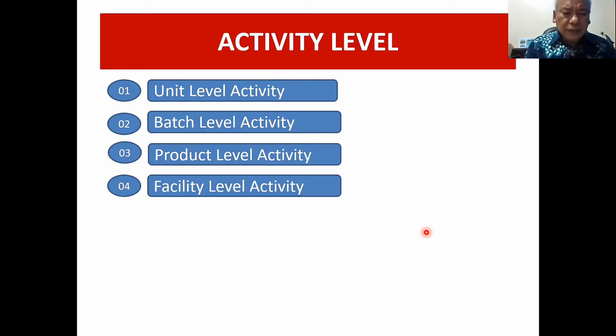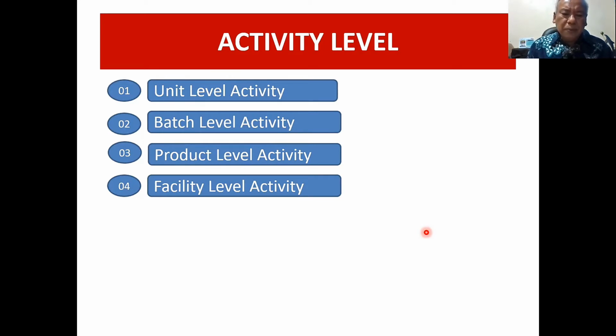Unit level activity is the activity performed for each unit produced. So the cost of unit level activity is influenced by the units produced.